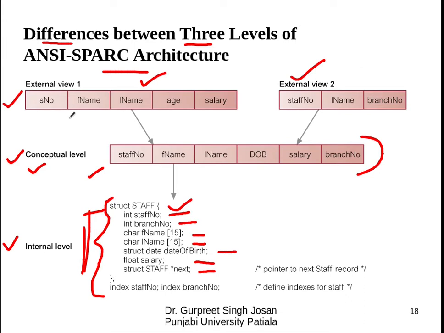The manager may be able to see the staff number, first name, last name, age and salary, but on the other hand the supervisor is only able to see the staff number, last name and branch number. This is the limited information that the supervisor can view, and this is the information that the manager can view, and the whole information is coming from the same conceptual level table.